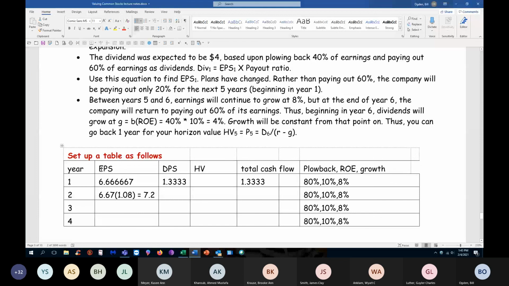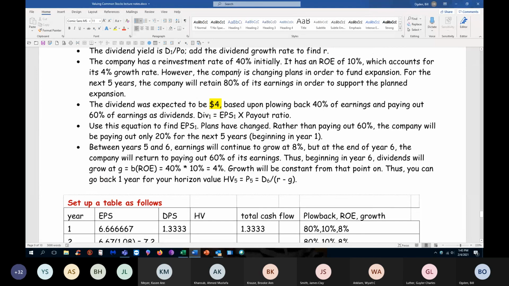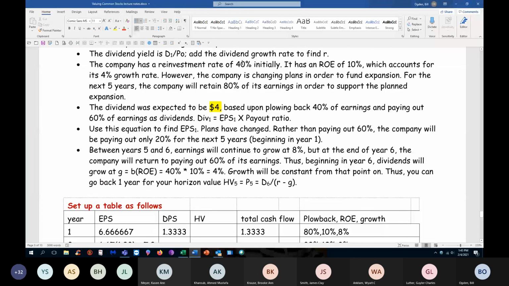the next part, you have to find the EPS first. The dividend was expected to be $4. So make a highlight of that. That's your dividend, $4. And they were paying out how much? Initially, they're paying out 60%.